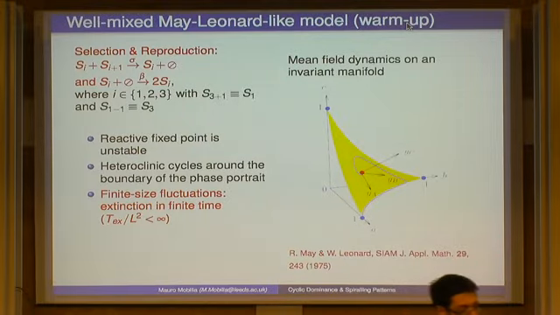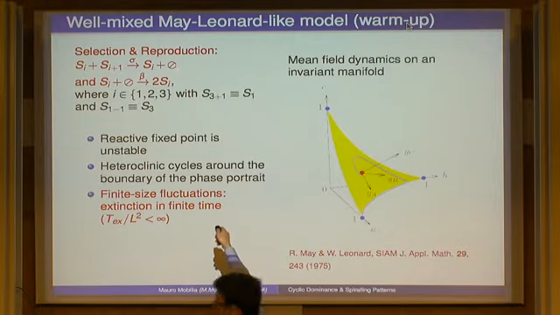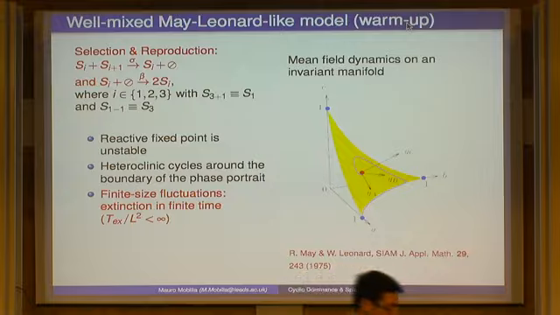Given the biology that inspired this, it sounds more like the one which wins the competition actually invades the other. So would it make a difference if instead you have S_i plus S_{i+1} goes to S_i? Yes, okay, this is something that I will discuss. So you are saying that instead of the empty site here, we would have S_i.